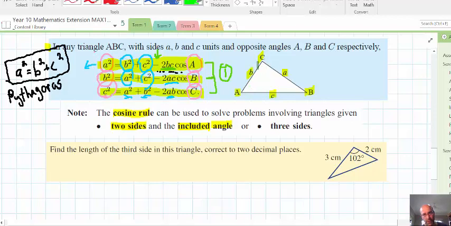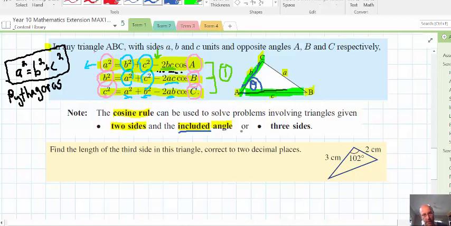Now what that means, for example, if we were given this side length, you knew the length b, and we were also given this side length, we knew the length c, the included angle between this and this is this angle here.